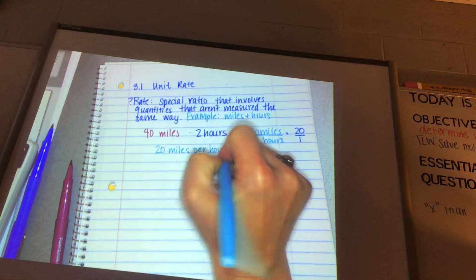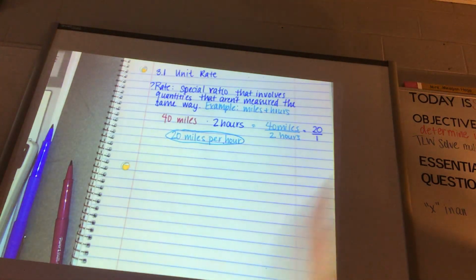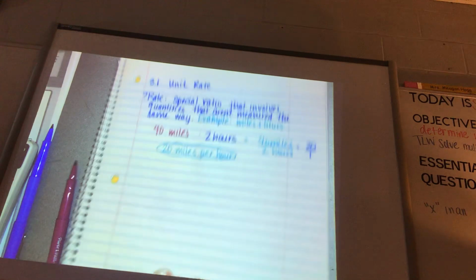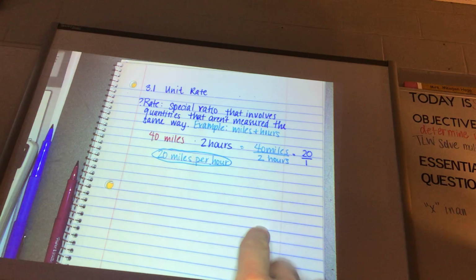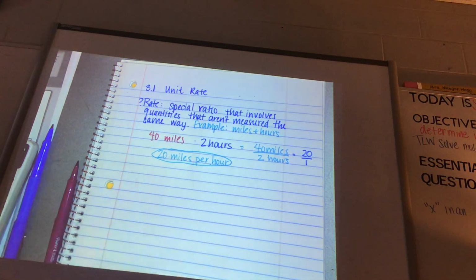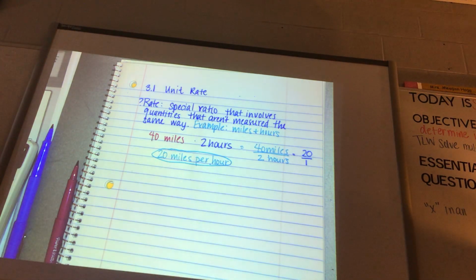All right? Let's say you are going shopping with your mom and you are at the grocery store and she wants you to decide which is the better brand, the price per ounce on macaroni and cheese. Okay, so you have the store brand.